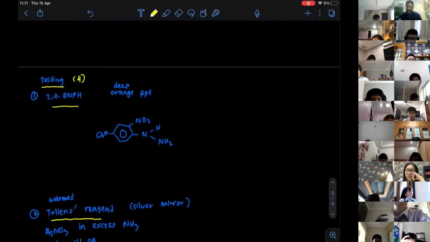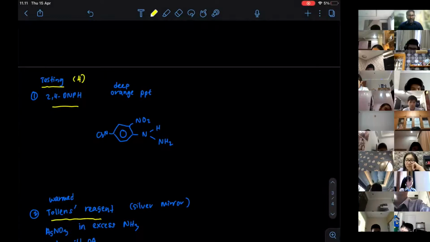For 2,4-DNPH, you can use the abbreviation, no need to know the full name. It's dinitrophenylhydrazine, but DNPH will do. The positive reaction will give you a deep orange precipitate. 2,4-DNPH will be able to detect carbonyl compounds.